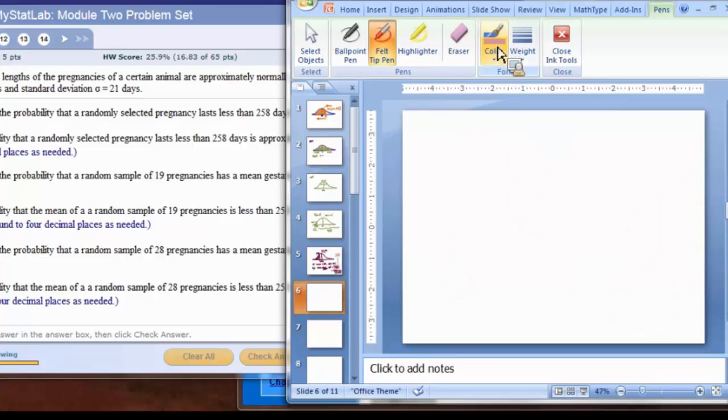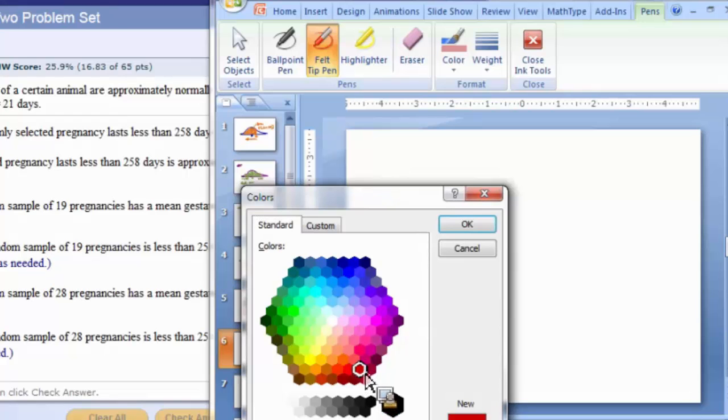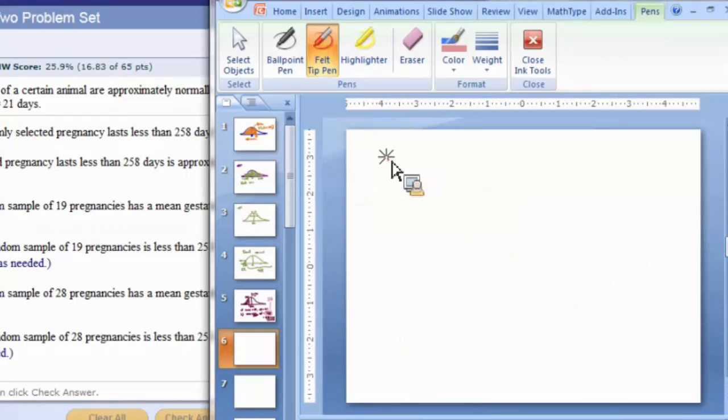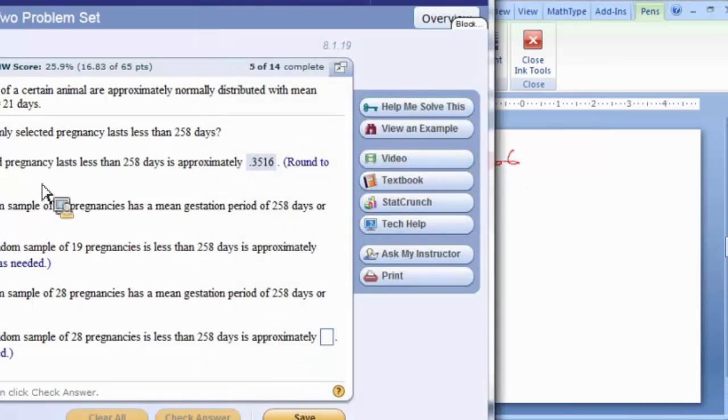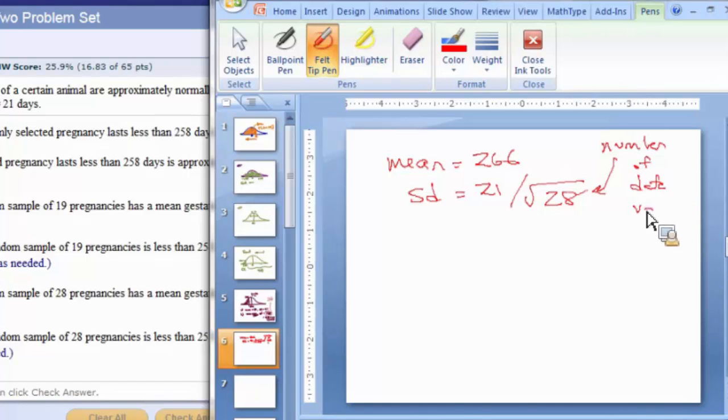So the mean still stays the same at 266. Doesn't matter whether we have one of them, 19 of them, or 28 of them. Mean's still at 266. The standard deviation was the original, 21, divided by the square root of 28. It's always divided by the square root of the number of data values. This is the average of 28 data values.